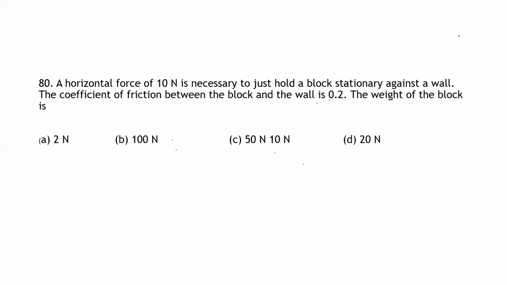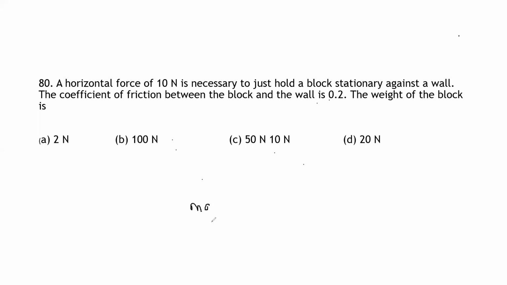Then our last question is: a horizontal force of 10 Newton is necessary to just hold a block stationary against a wall. The coefficient of friction between the block and the wall is given. So the coefficient of friction is there, the force is there, and we can calculate the weight.